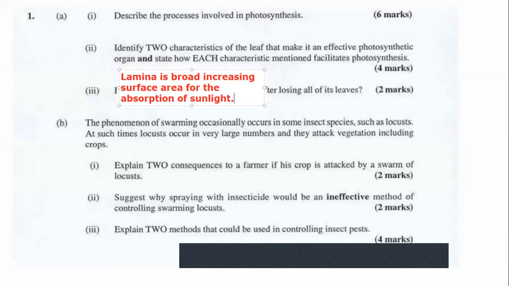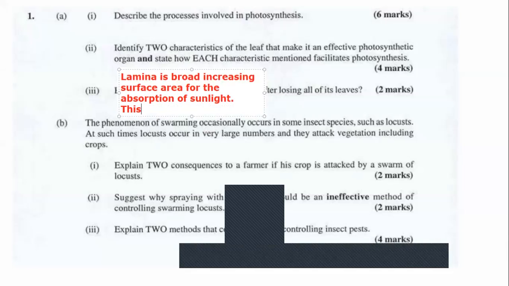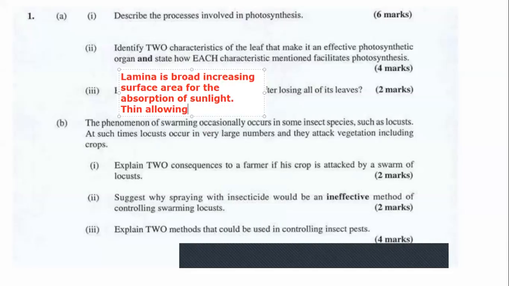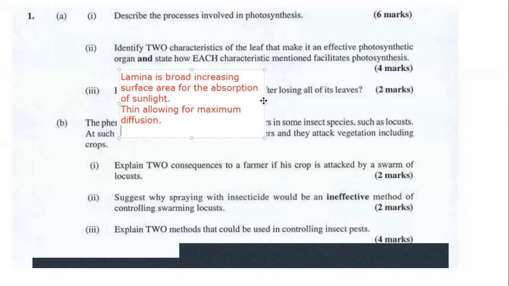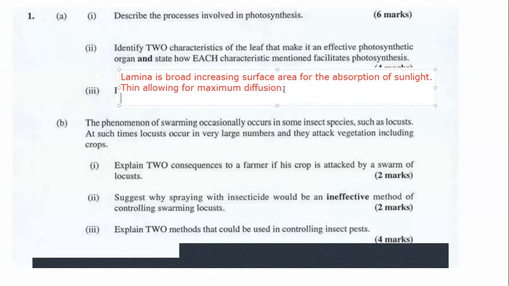Thin, allowing for the process of diffusion. Anything else? Come on, guys. There are so many adaptations.